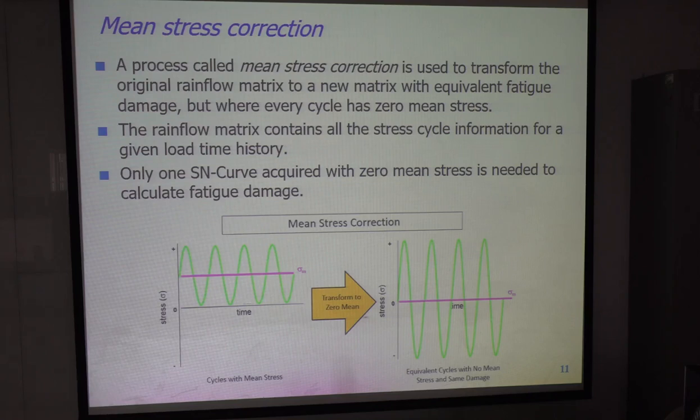They will have the same life cycles to failure. So when we convert the case with tension to the case with 0 mean stress, the force magnitude will become larger. Just some mean stress correction. So do you follow this one? Okay, next page, please.